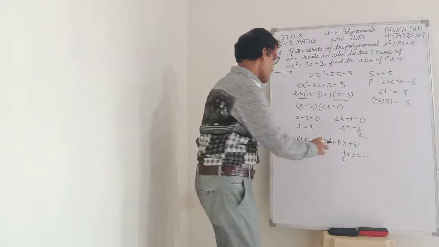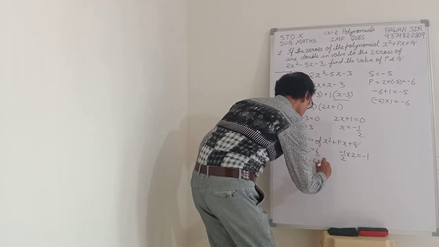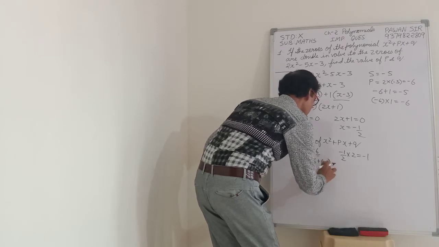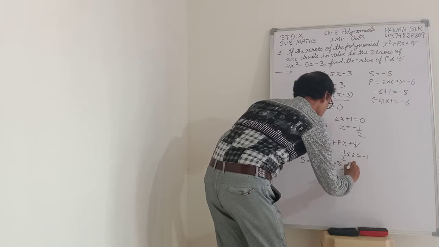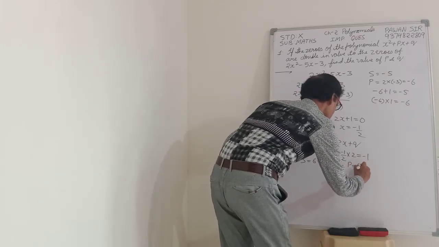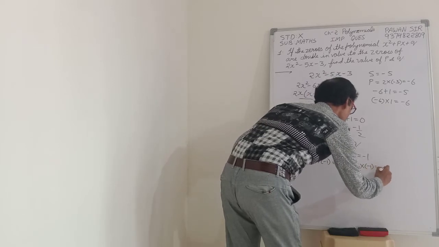Now see the sum of these zeros. When you add these, we get the sum as 5. And the product is 6 into minus 1, which is minus 6.